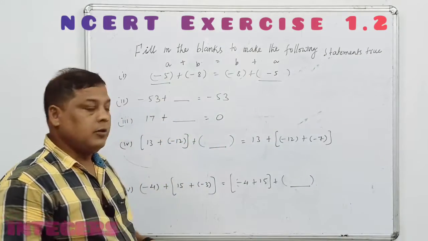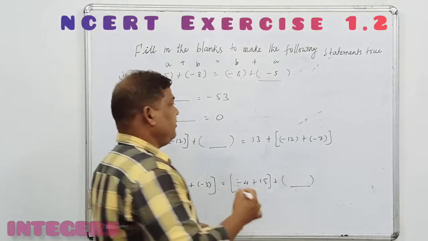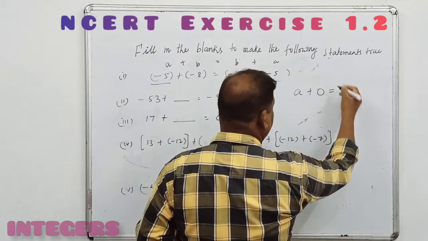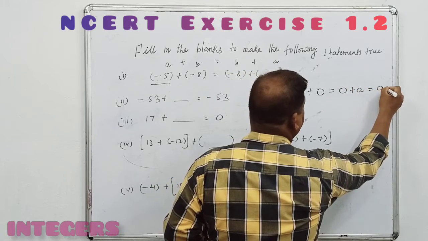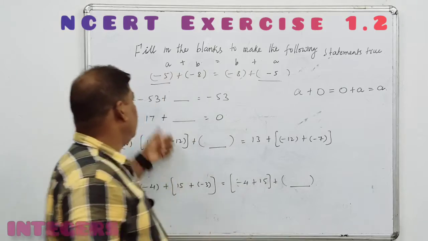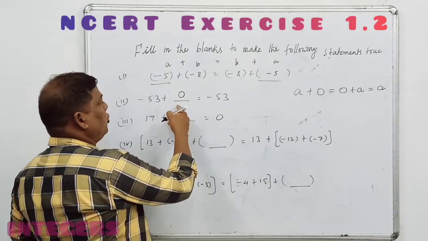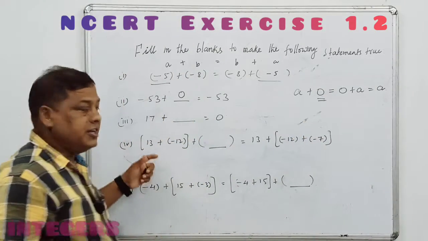Second one, we know the additive identity of integers, that is A plus 0 is equal to 0 plus A, which is A. Here minus 53, so here comes 0. So 0 is the additive identity of integers.